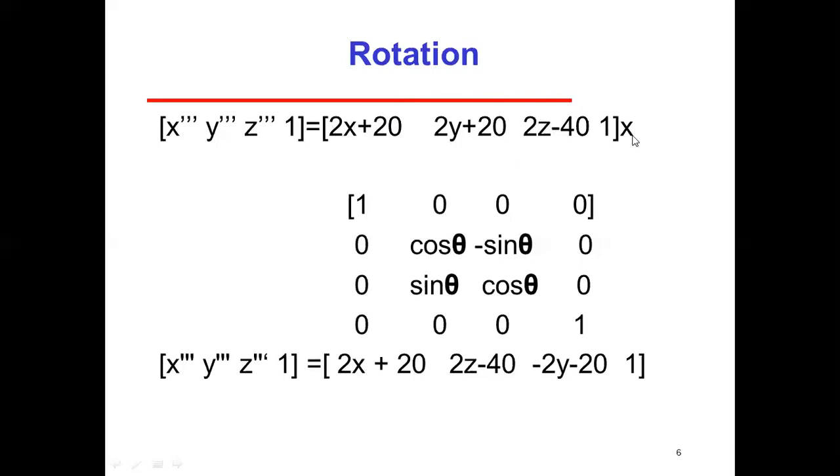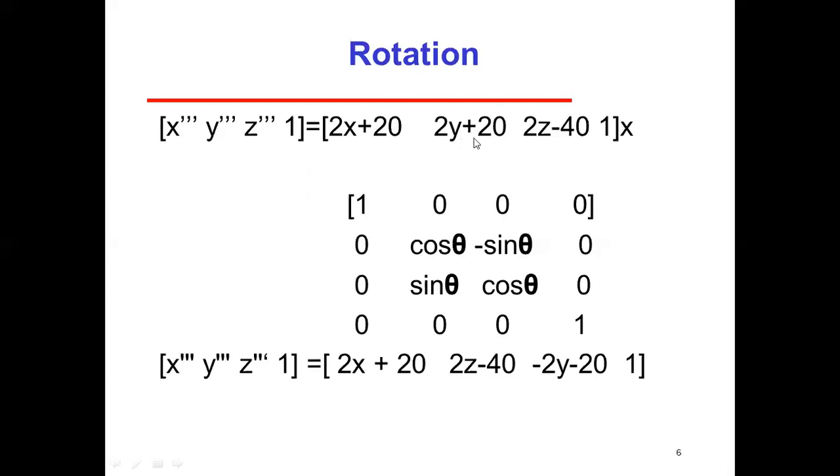Then, followed by the rotation matrix, we will choose the formula for rotation about the x axis. So this is 1 0 0 0, 0 cos theta sin theta 0, 0 minus sin theta cos theta 0, 0 0 0 1. This is the matrix formulation for the 3D rotation about the x axis, and it is multiplied by the preceding result.